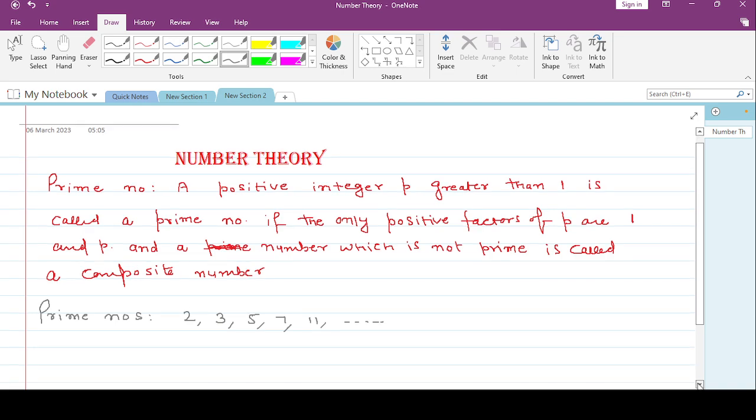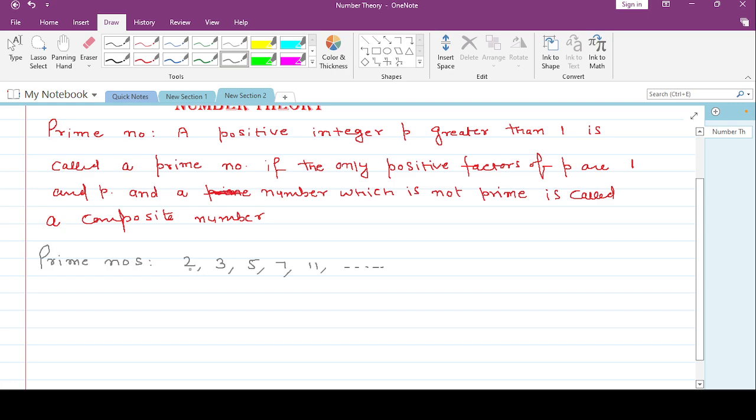Now here you people note down one thing, that 2 is an even prime number, and it is the only even number which is prime.